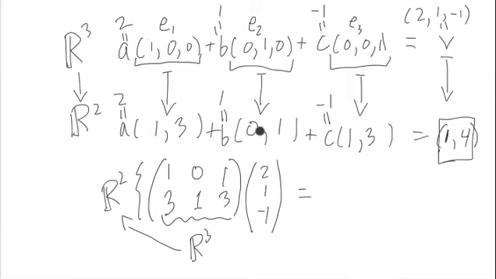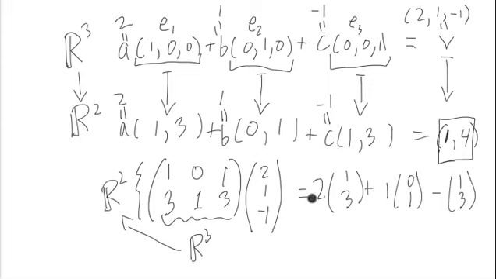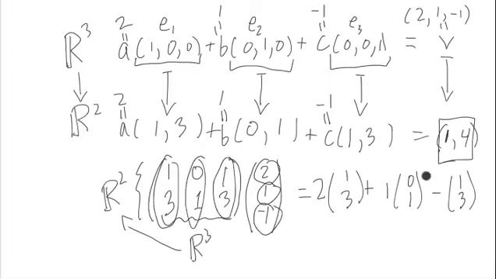Let's do this in columns to make it a little easier so we can see the components. If we had this be a 2, and then we wrote this as a column, 1, 3, and then plus 1 times 0, 1, minus 1, 3, let's see what's happening. Quite literally, we took 2 times the first column plus 1 times the second column plus -1 times the third column.